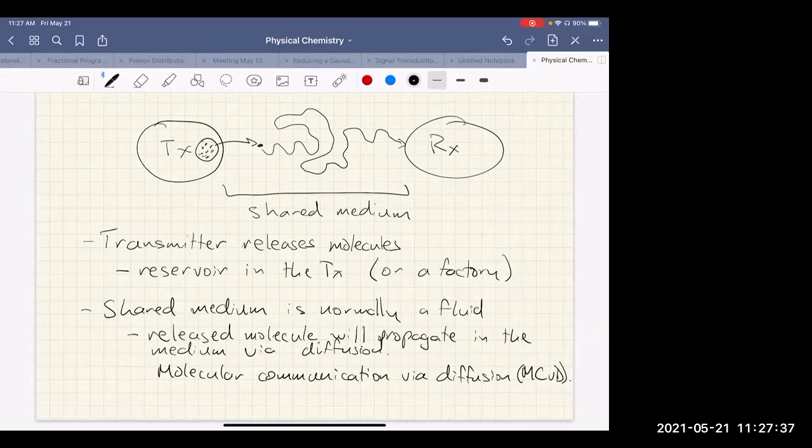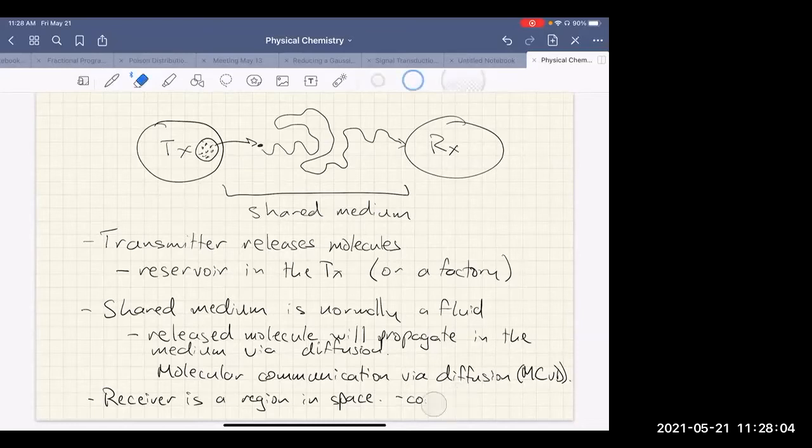So we can imagine the receiver is a region in space. And what can the receiver do? Actually, let me back up.